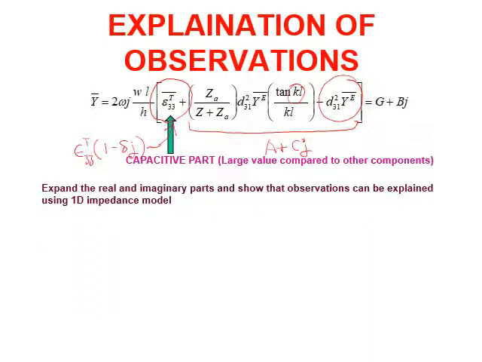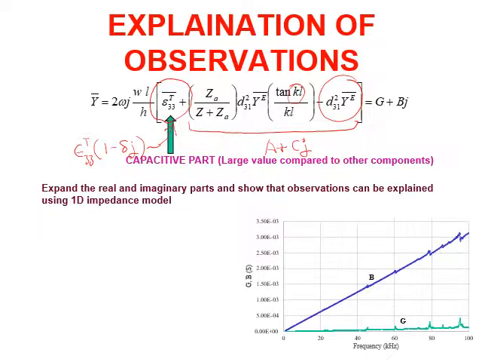Then by expanding the real and imaginary parts, we can explain the earlier observations. We can write this term Y as 2 omega WL by H. Just differentiate between the terms omega and W. And what comes here is epsilon 33 (1 minus delta j).